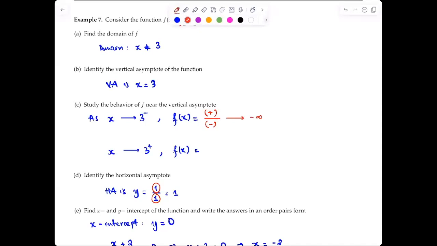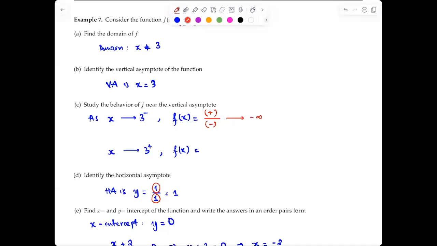Now, as x approaches 3 from the right, you have f of x. On the right of 3 can be 3.1, 3.01, 3.0000001. As x approaches 3 from the right, what is the sign of the numerator? Is that positive or negative? Positive. Now, for the denominator, positive or negative?